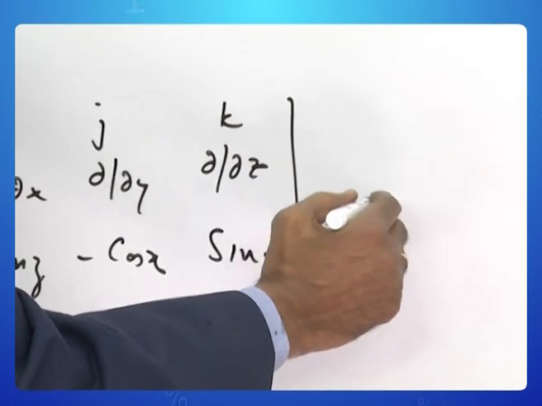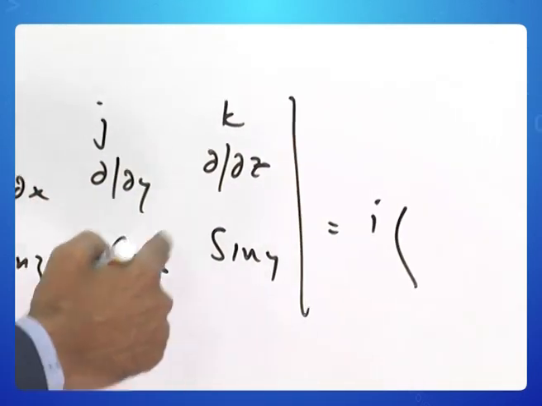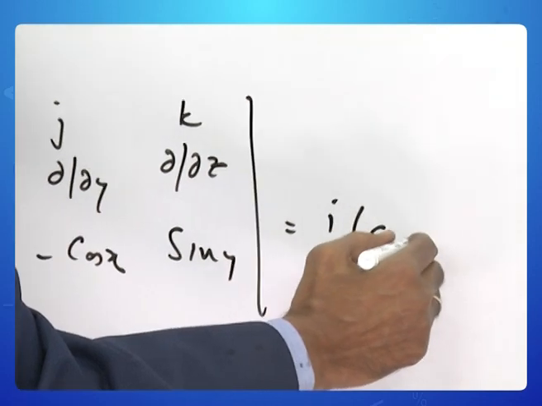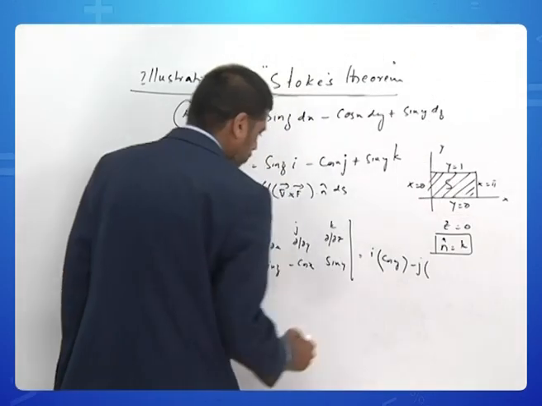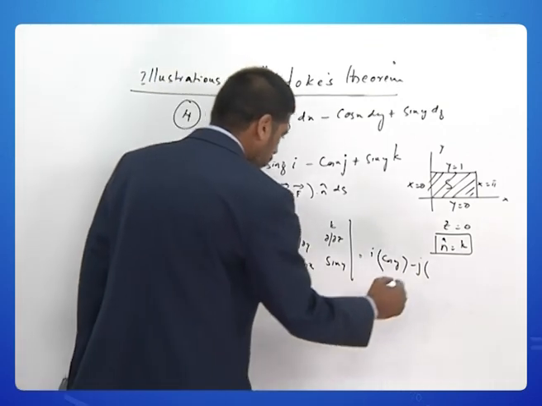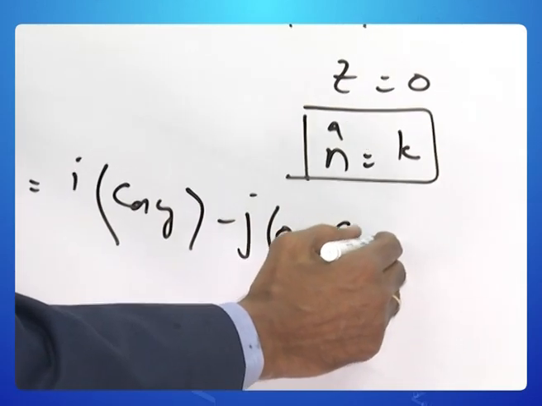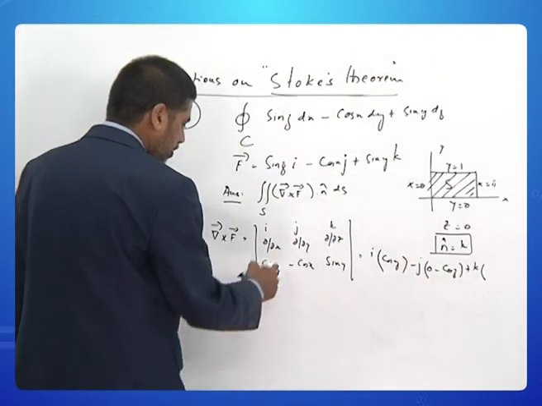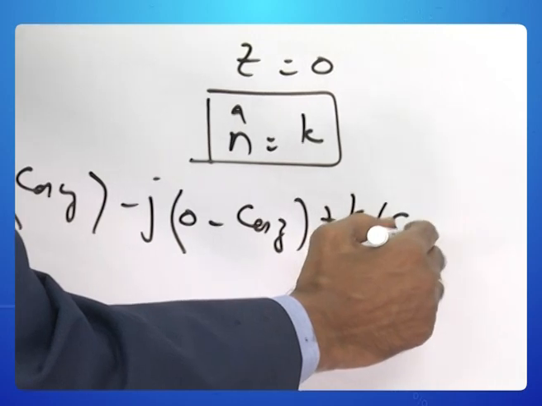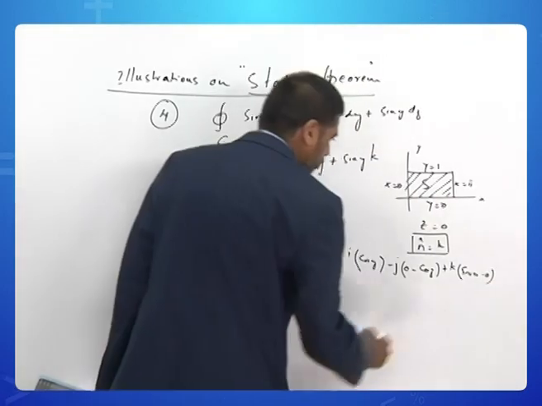So this will be i times dou by dou y of sin y, which is cos y, minus 0, minus j times 0 minus cos z, plus k times sin x minus 0.